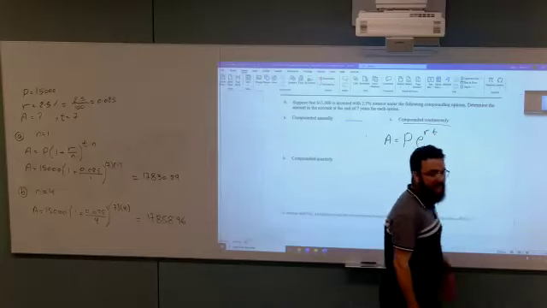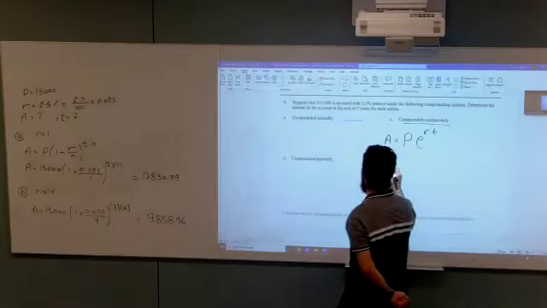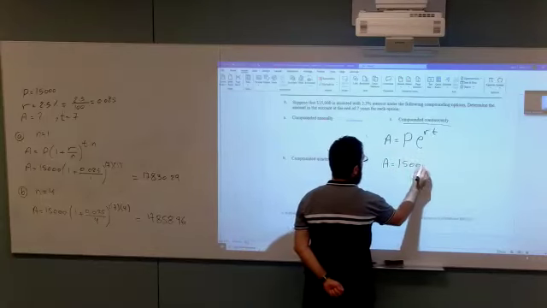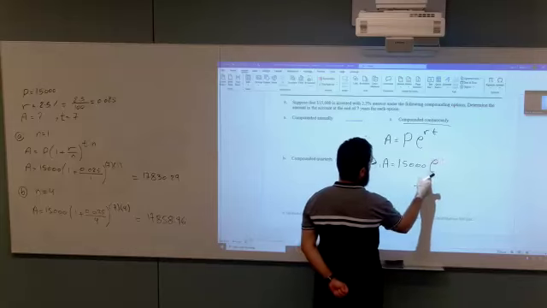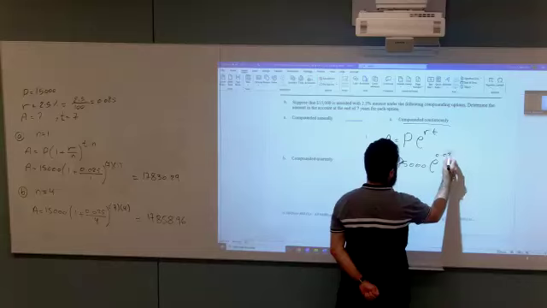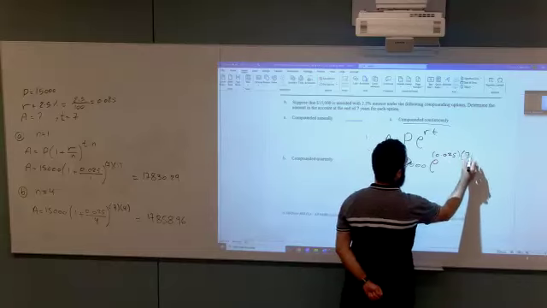You see, there is no n. So the future value A is going to be equal, P is 15,000, times the exponential function, the rate is 0.025 times the time, 7.